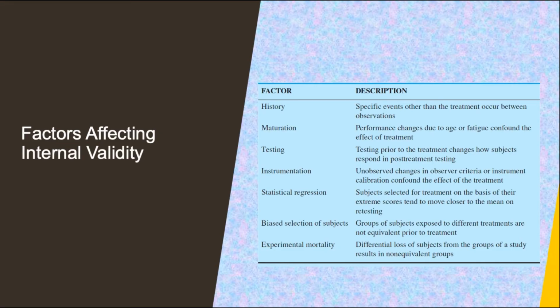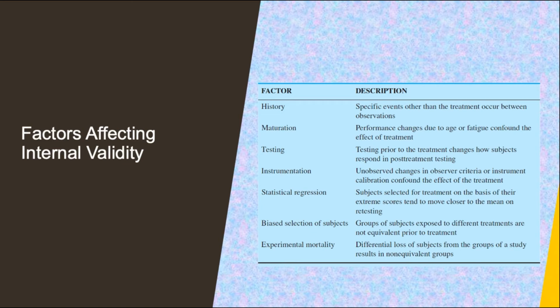So now we have some of the factors affecting internal validity. First, we have history. History may confound studies in which observations are taken over time, so a specific event may occur between observations that affects the result.